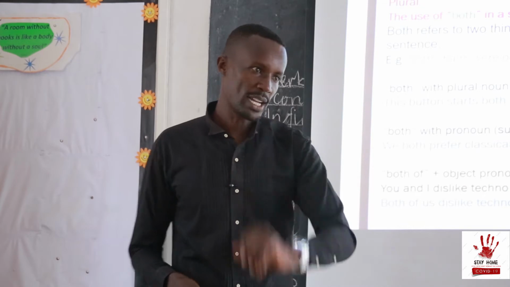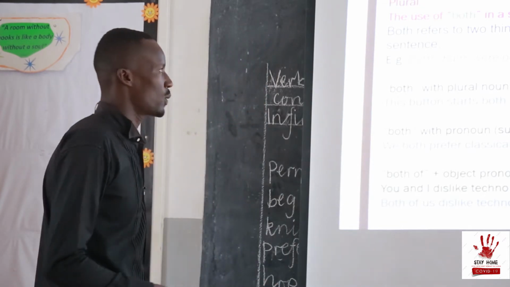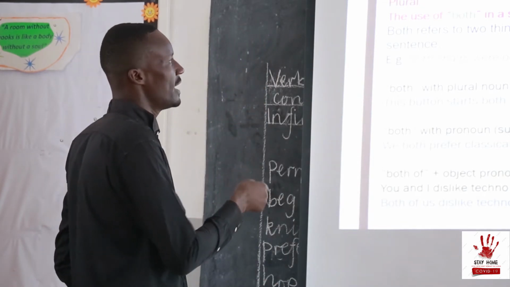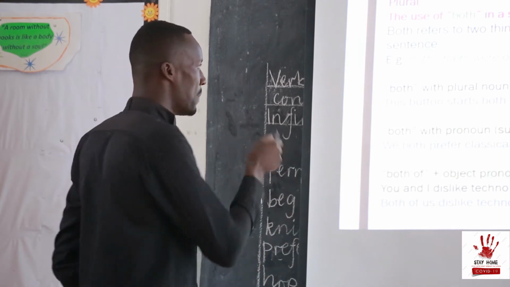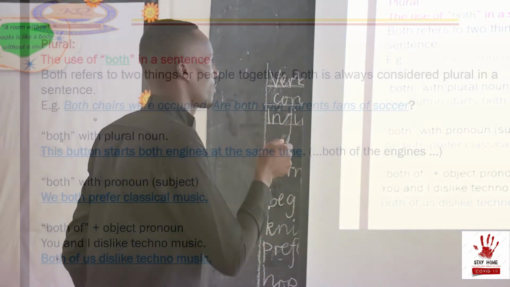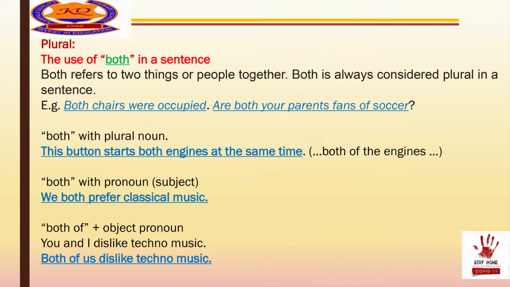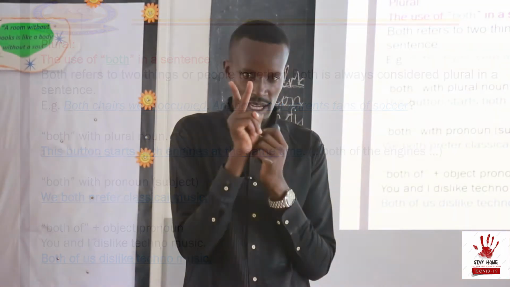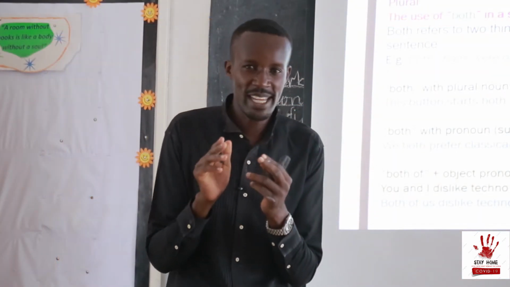So let us look at one. And the one we are going to look at is a plural one, both. First of all, both refers to two things together. Have you ever heard someone saying two in one?